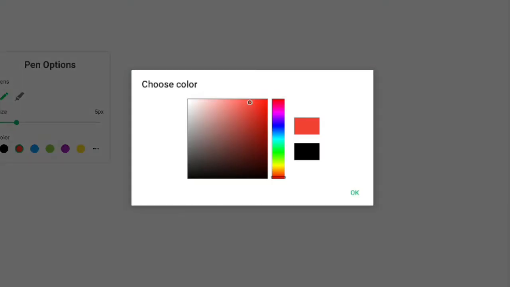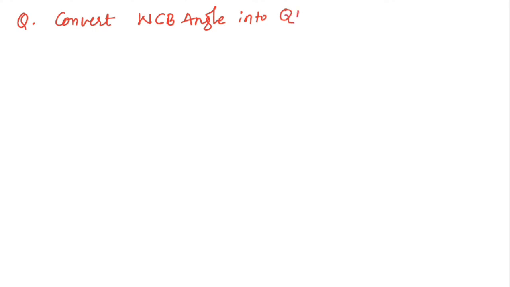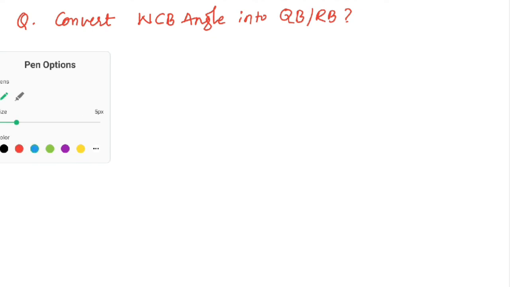So here I'll give an example or a problem to you people so that you can solve and comment your answers in the comment box. I'll write a question. Convert whole circle bearing angle into quadrantal bearing system or reduced bearing.